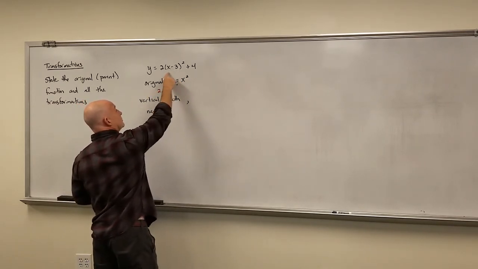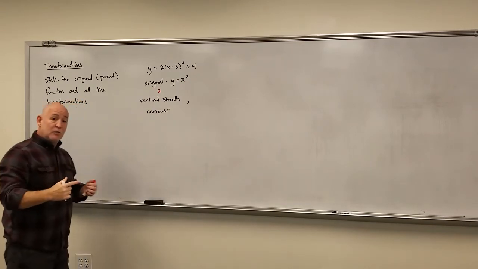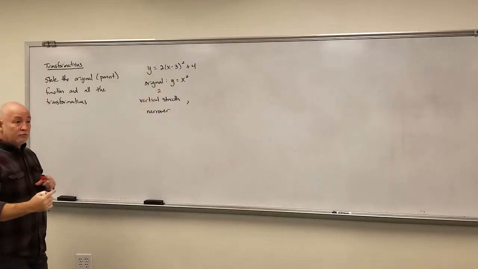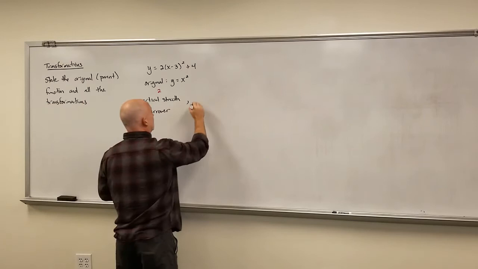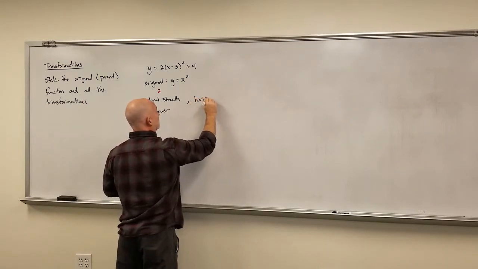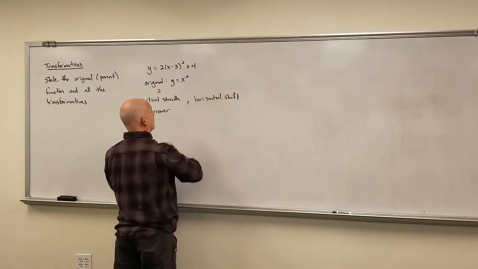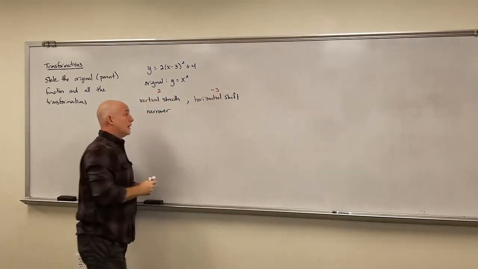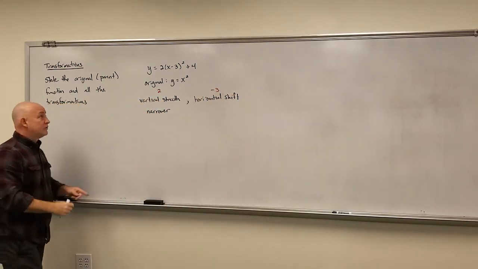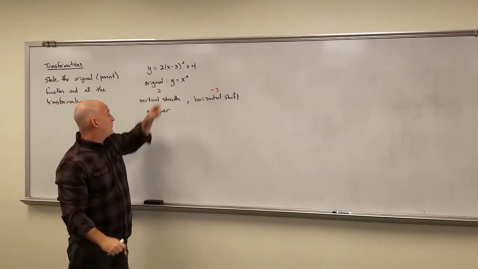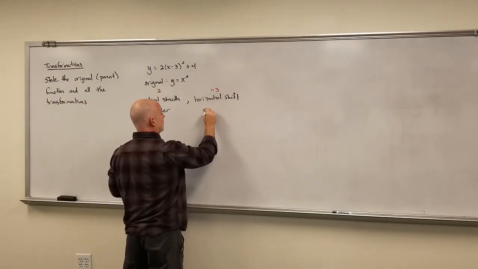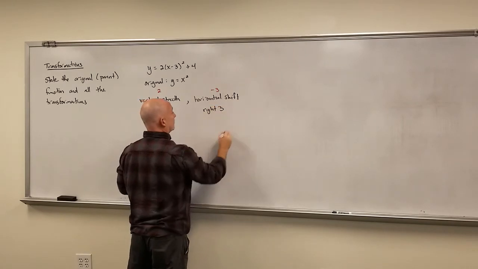The minus 3 in here. Since that number's in there with the x, we know that that is a horizontal shift. So we have a horizontal shift, and that's the negative 3 in there. Now remember, that's the opposite of what you think. So this isn't going to move left 3. This is actually going to go right 3.